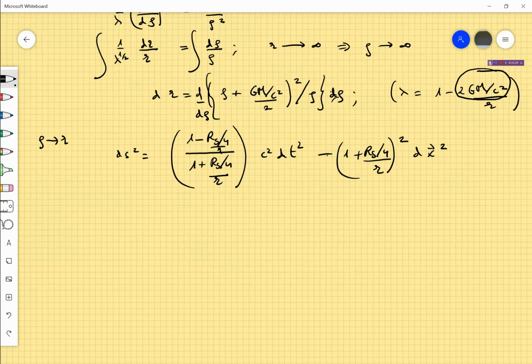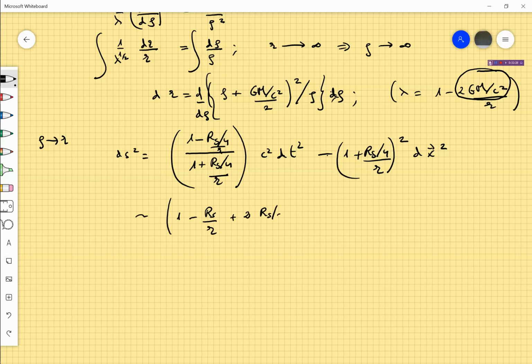Okay, so you just have to perform the weak field expansion and everything, and it is not so difficult to do. You just consider small values of rs with respect to r, and the expansion is 1 minus rs divided by r, which is good because we will see now that you recover the Newtonian limit.